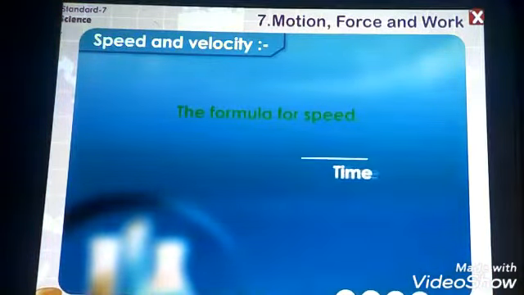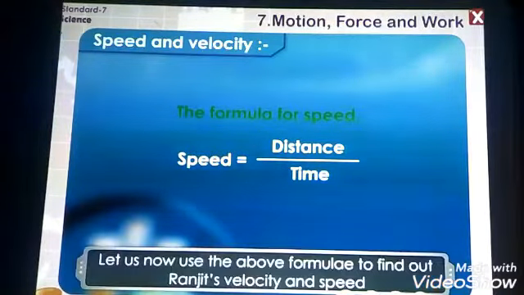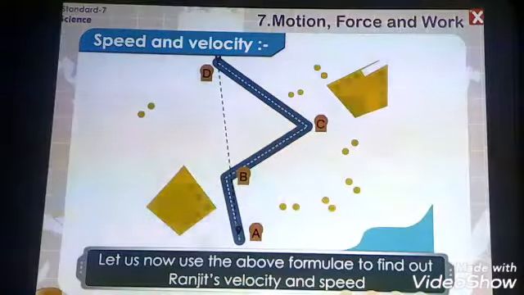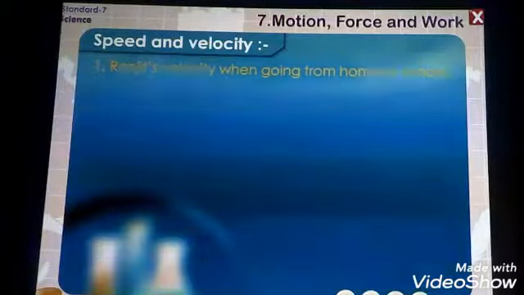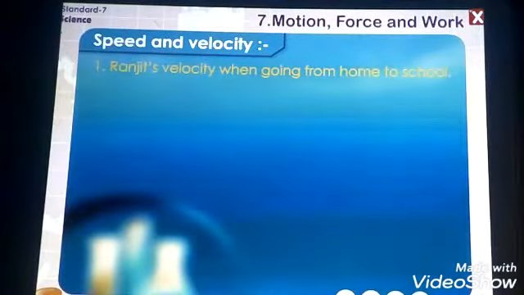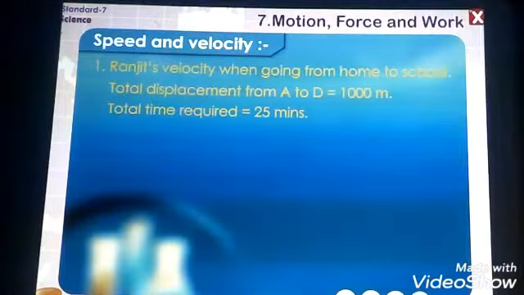The formula for speed is equal to distance upon time. Let us now use the above formulas to find out Ranjit's velocity and speed. Ranjit's velocity when going from home to school. Total displacement from A to D is equal to 1000 meters. Total time required is equal to 25 minutes.